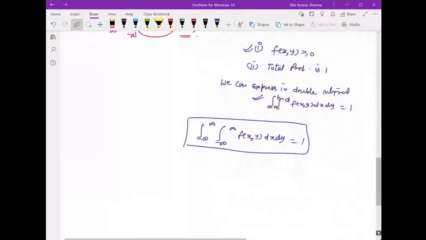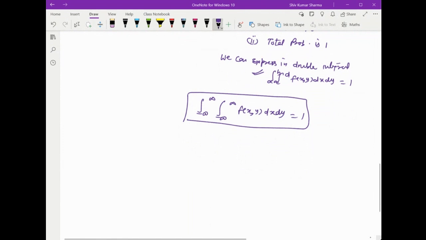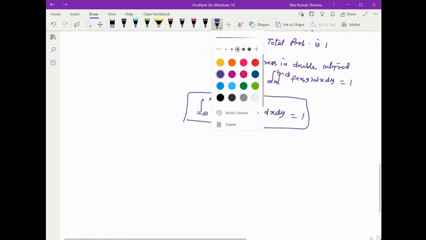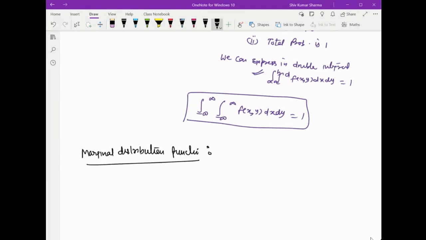Okay. So when we talk about the marginal distribution function, we extend this.